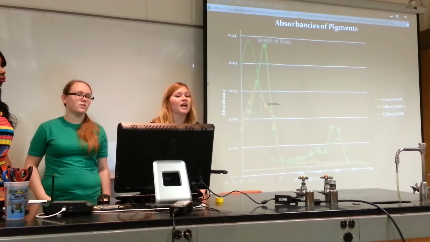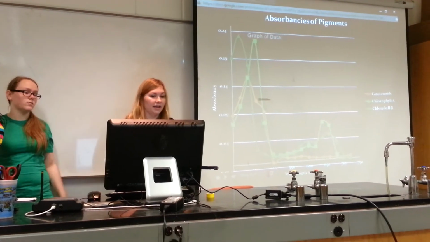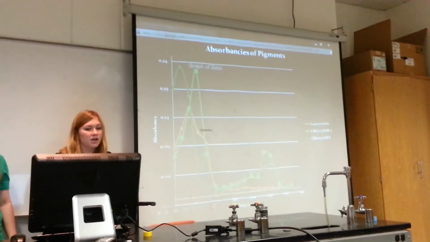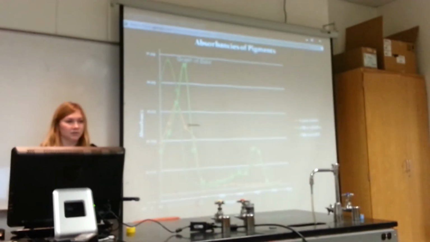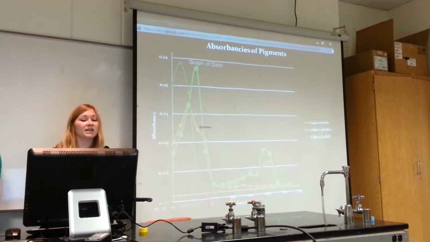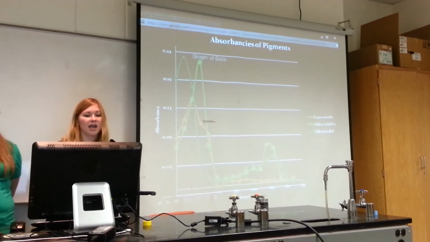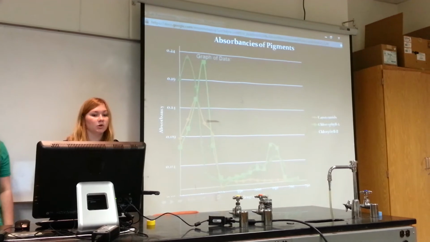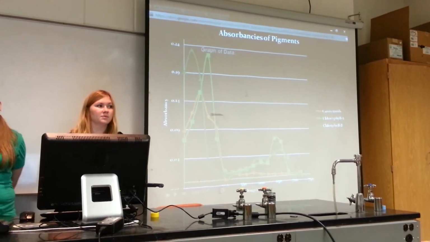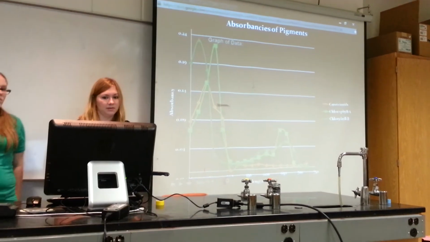Carotenoids absorb the most at 440 nanometers, and that is 0.153. So overall, chlorophyll B absorbs the most because it absorbs 0.232. Chlorophyll A absorbs most efficiently at the highest wavelength, which is 460 nanometers, and carotenoids absorb the least overall because it only absorbs 0.153. So it absorbs the least light out of all the pigments.